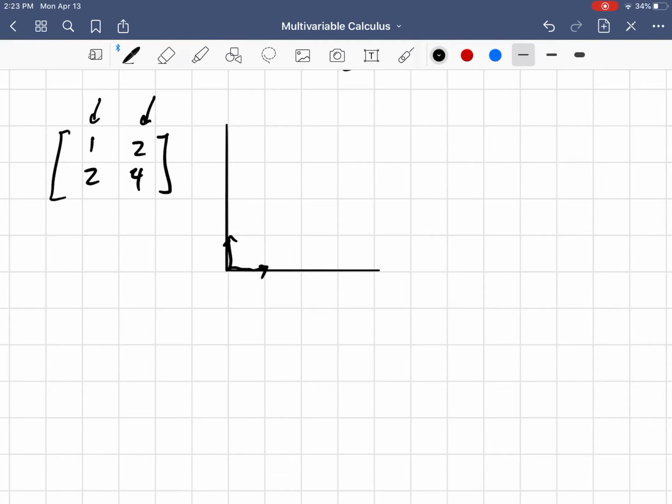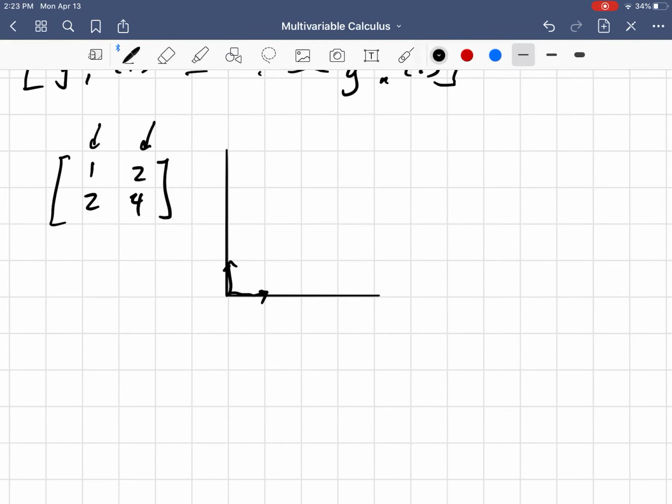It means, let's consider the basis vectors, i hat and j hat. And so i hat is going to be moved from 1, 0 to 1, 2. So 1 over and then 2 up. So it'll be like that.